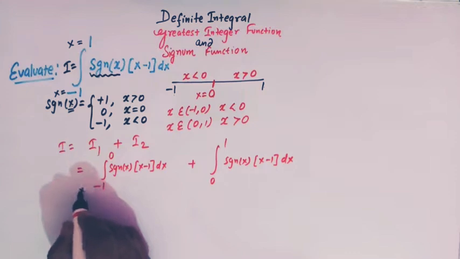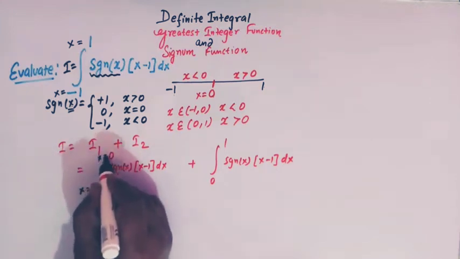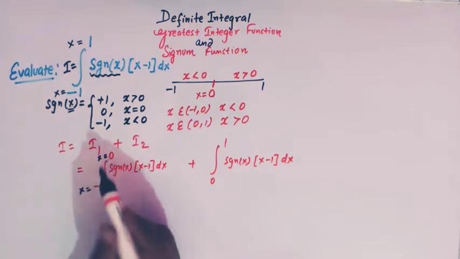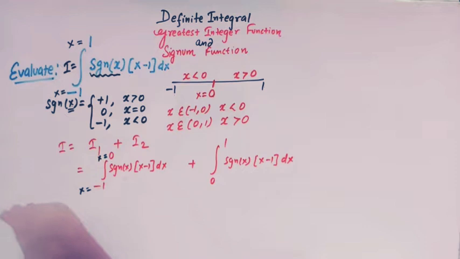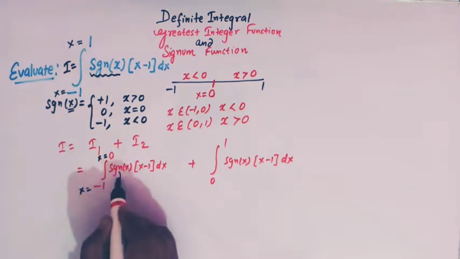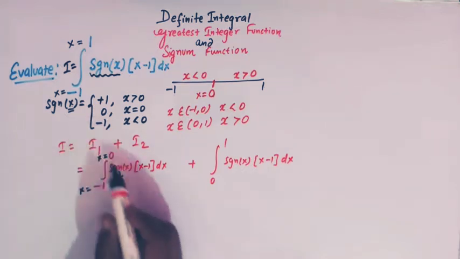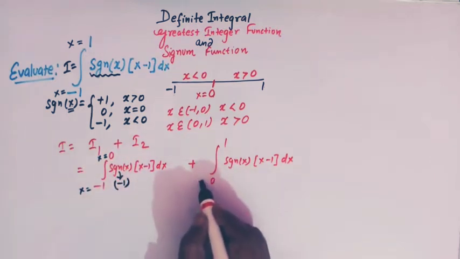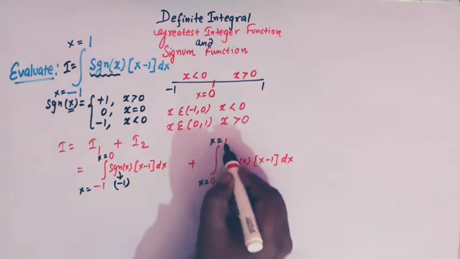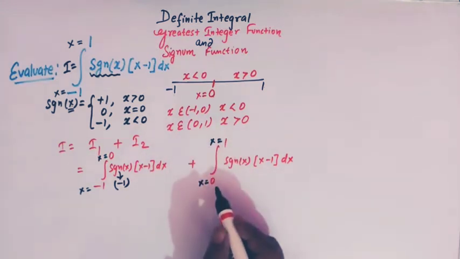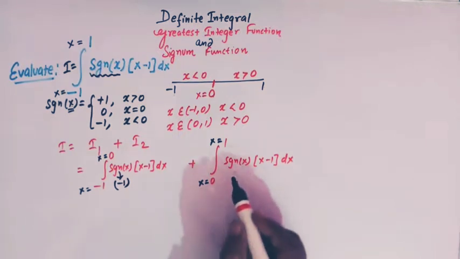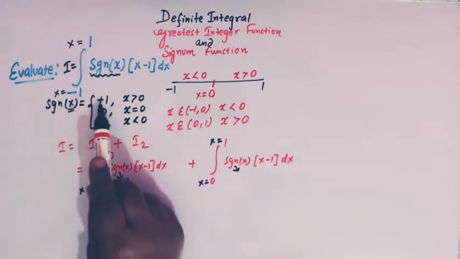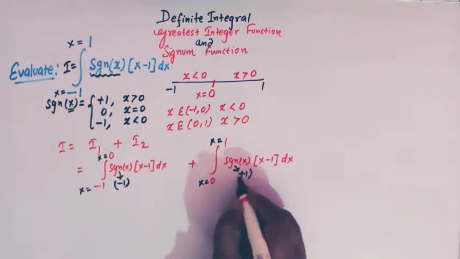When x varies from -1 to 0, all the values of x are less than 0. Therefore signum of x will take the value -1. And when x varies from 0 to 1, all the values of x are obviously greater than 0, so signum x will take the value +1.